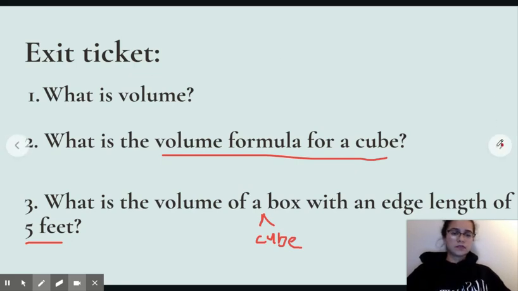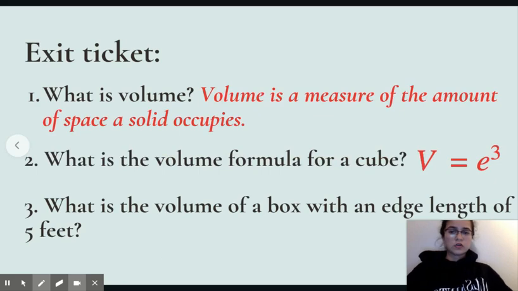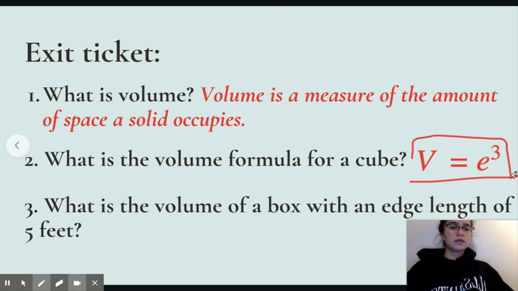Okay, so let's reveal the answers here. What is the volume? It's just a measure of the amount of space a solid occupies. That's kind of the fancy way of saying how much space is inside. Okay. What is the volume formula? Generally, using exponents, V equals e to the third power. Okay. E cubed.